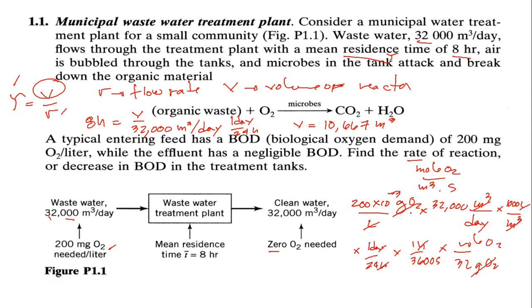That cancels out, so it's mole O2 per second. Just make sure you press the calculator correctly. Then divide by 10,667. This is for the wastewater.